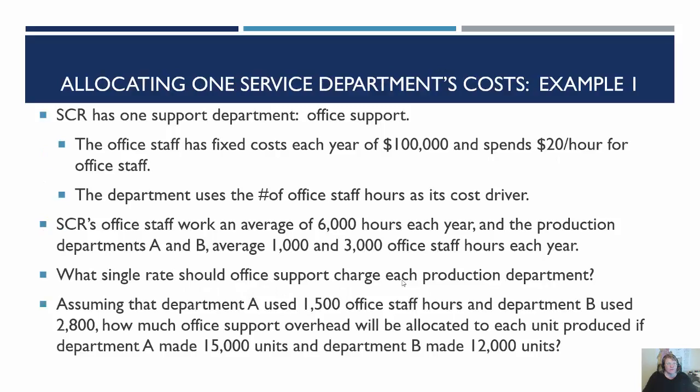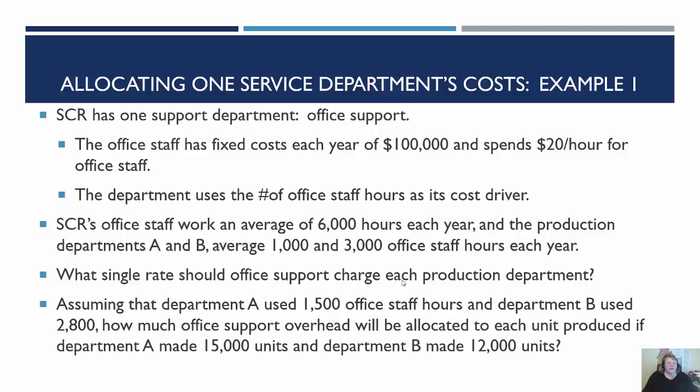So here's our first example. SCR has one support department, office support. The support staff has a fixed cost of $100,000 a year and spends $20 an hour for office staff. The department uses the number of office staff hours as its cost driver.